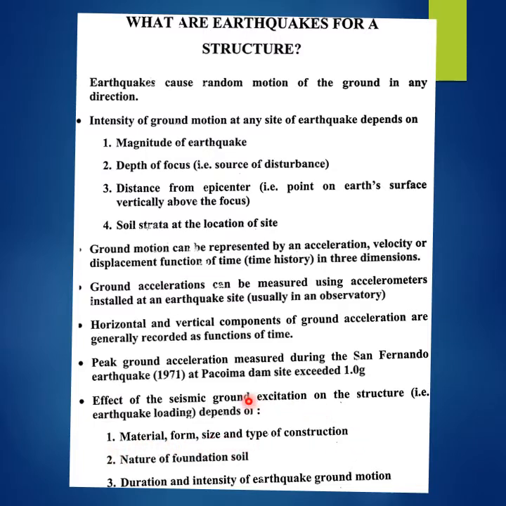One, the material form, size, and type of construction, which determine the dynamic properties or dynamic characteristics of the structure. For example, the stiffness, mass, and the viscous damping or the natural damping of the structure.